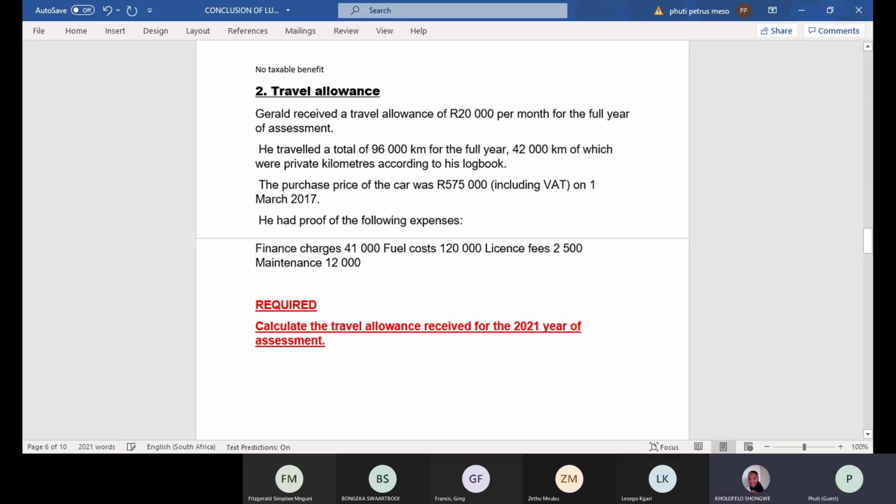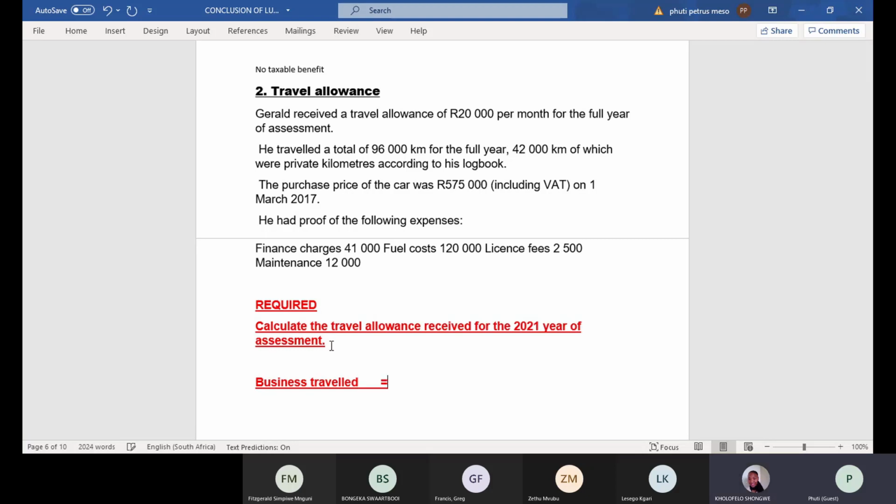Okay, so the first step is I wanted to determine the business kilometers traveled.